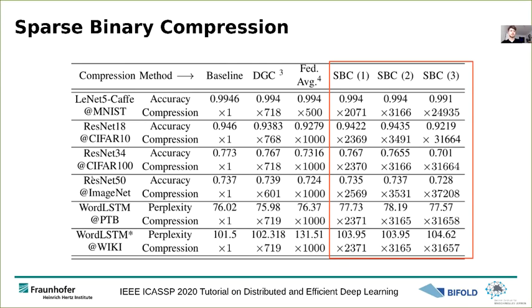ResNet 50 is still a very huge and important neural network that's used in many applications. And what we found is that we could achieve basically the same accuracy, but reduce the amount of communication by more than 4 orders of magnitude. Really interesting result, I think.